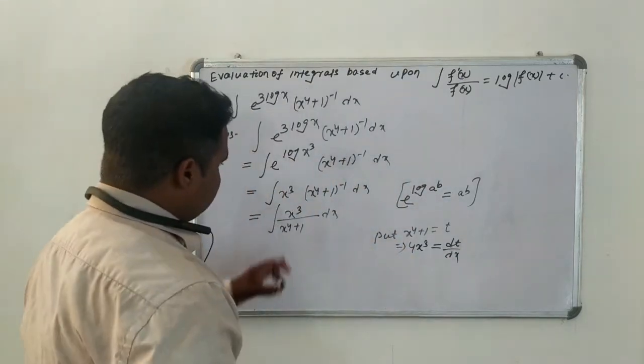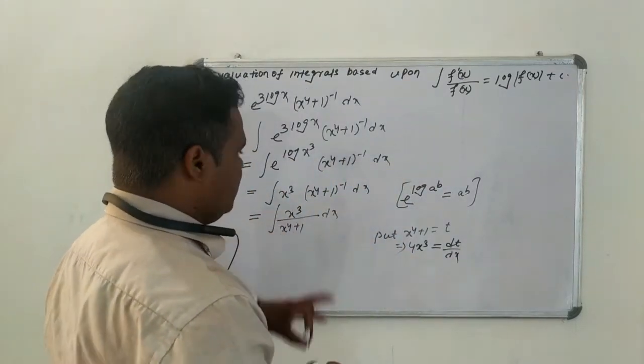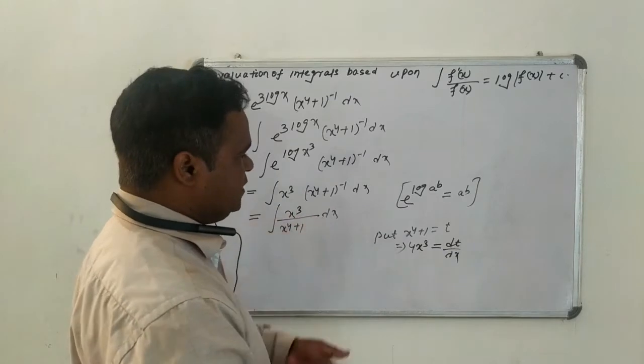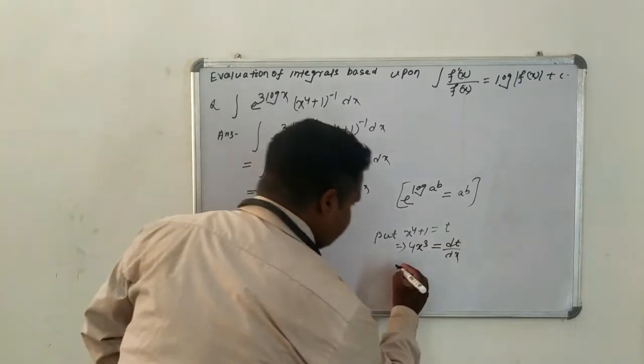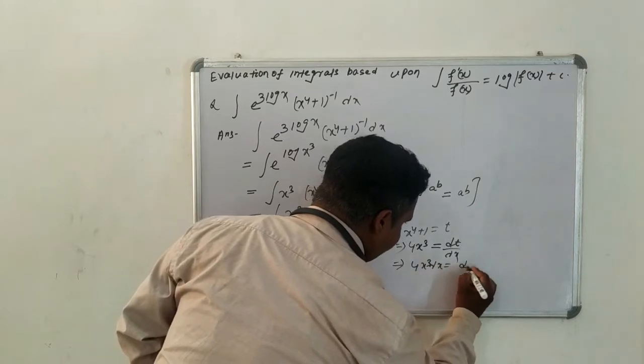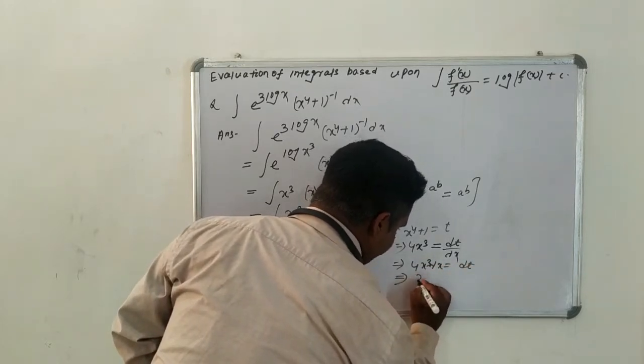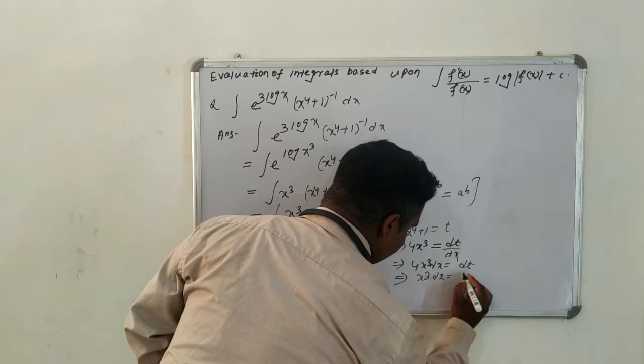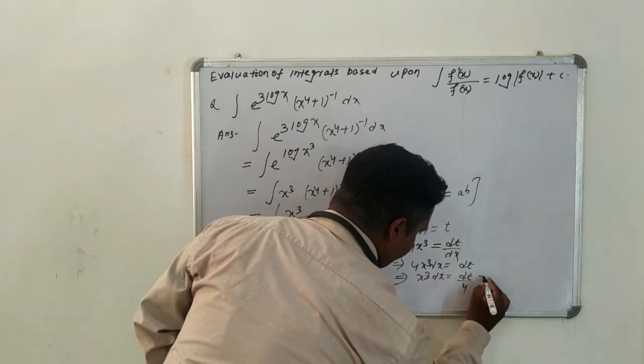Now I am putting x cube dx on one side, so 4x cube dx equals dt. This implies x cube dx equals dt divided by 4.